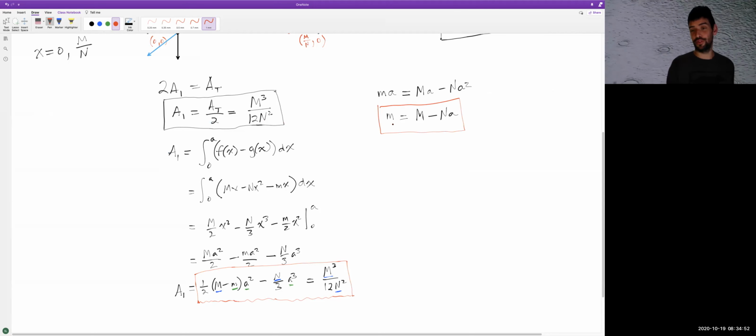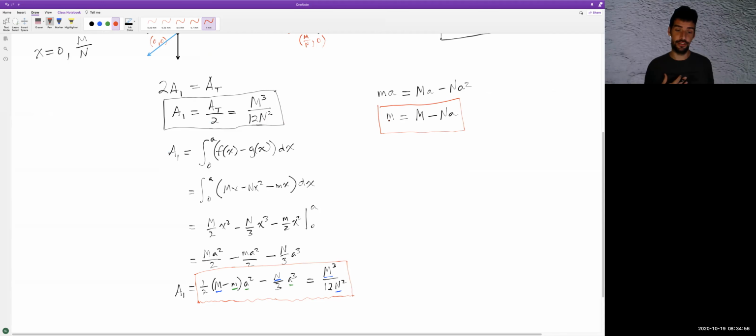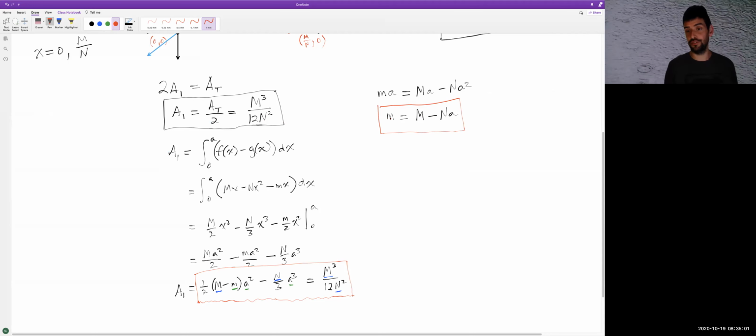And since this one's written in terms of little m, let's use the substitution method, and take this expression for little m and put it into this equation. So I'm taking this expression here and putting it into this equation. So let's write that out.